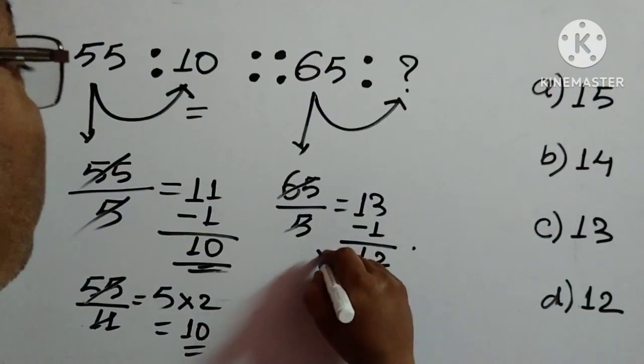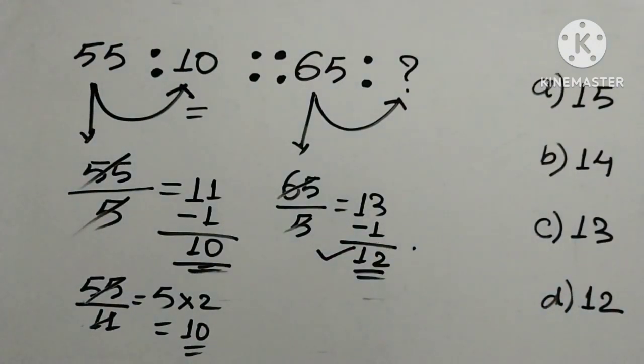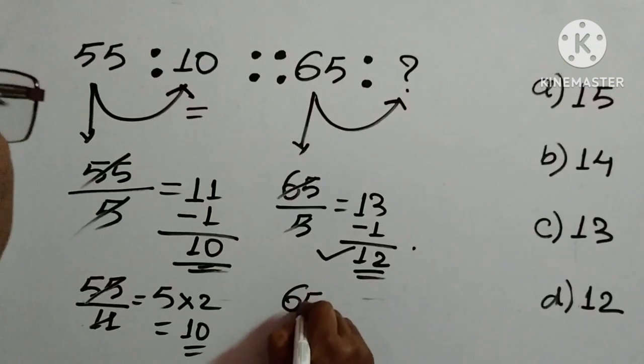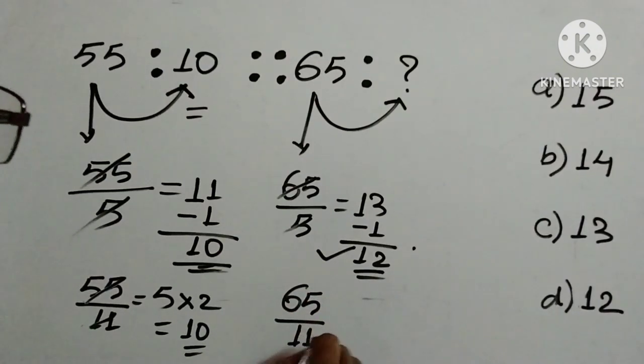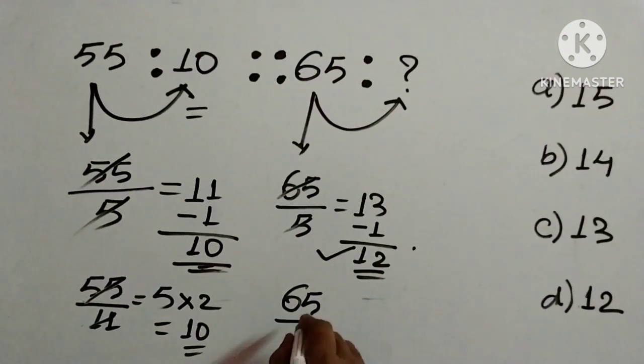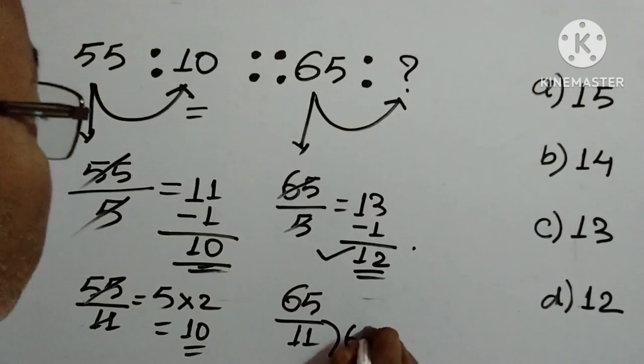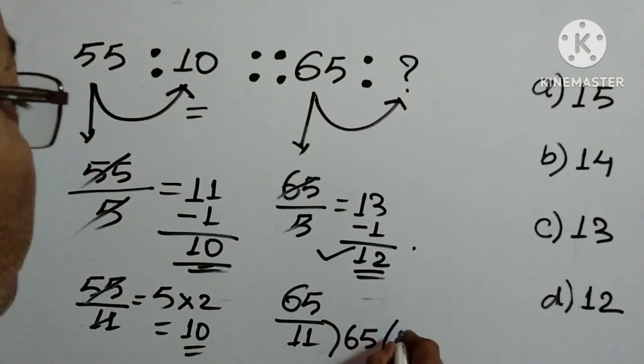So 12 is given in the options. I will keep this one for the time being, and we will check with the other process. What was the next process? We divided by 11. Now 65 divided by 11: earlier I told you that you have to select a number which will not leave a remainder. Now if you divide this one by 11, it will leave a remainder.